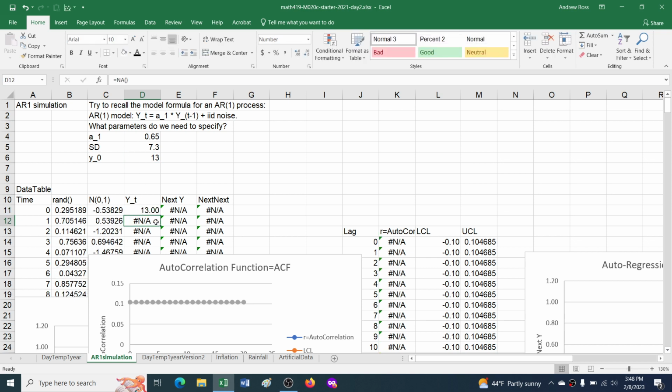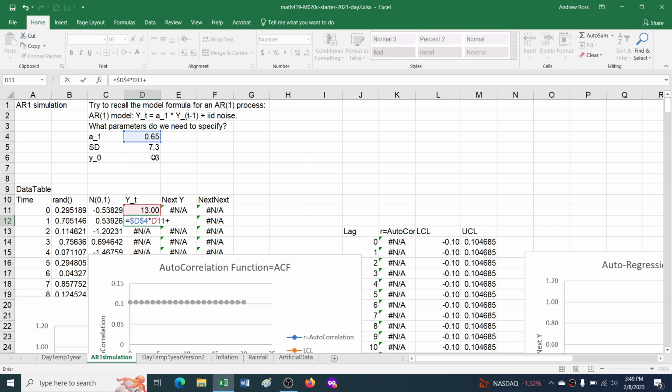And now how do I fill in a formula for y1 based on y0? Try to fill that in yourself before watching me do it. Okay, welcome back from pausing. So we'll say my new value is my A1 value, and lock that with an absolute reference, times my previous y value, plus the noise, which I want to have a standard deviation of 7.3.